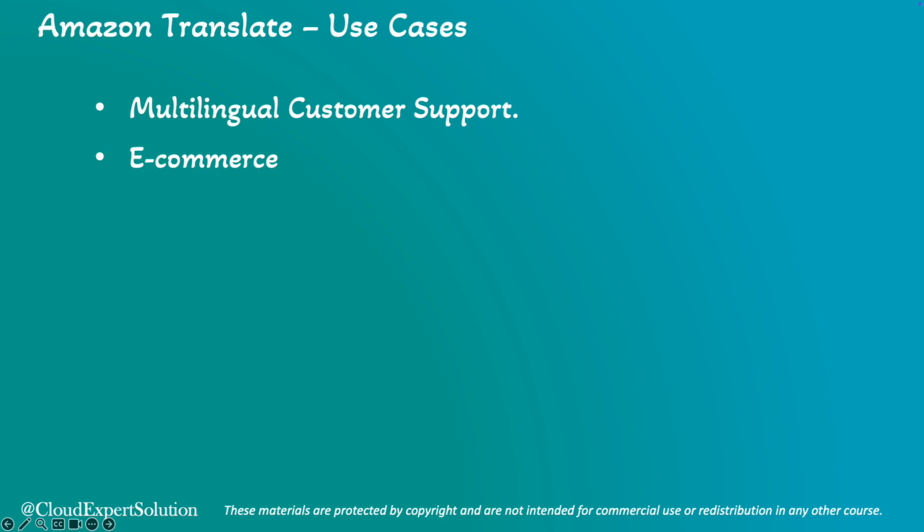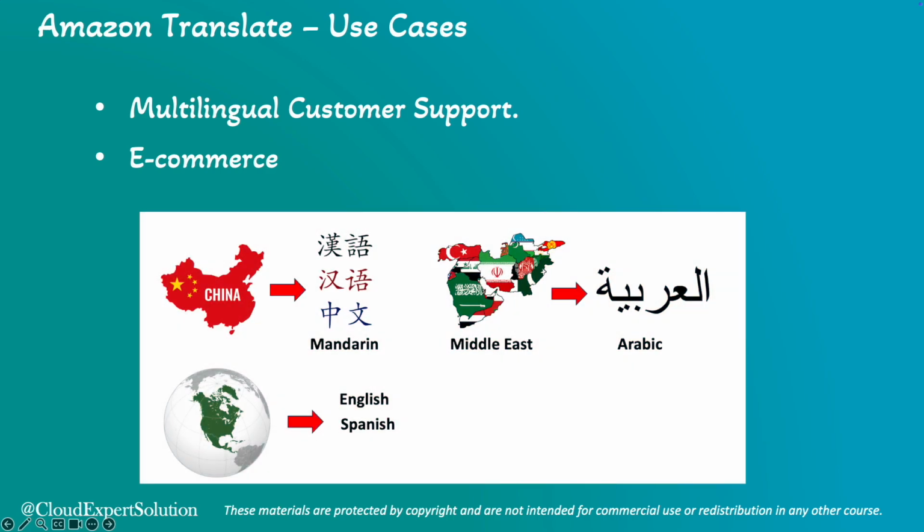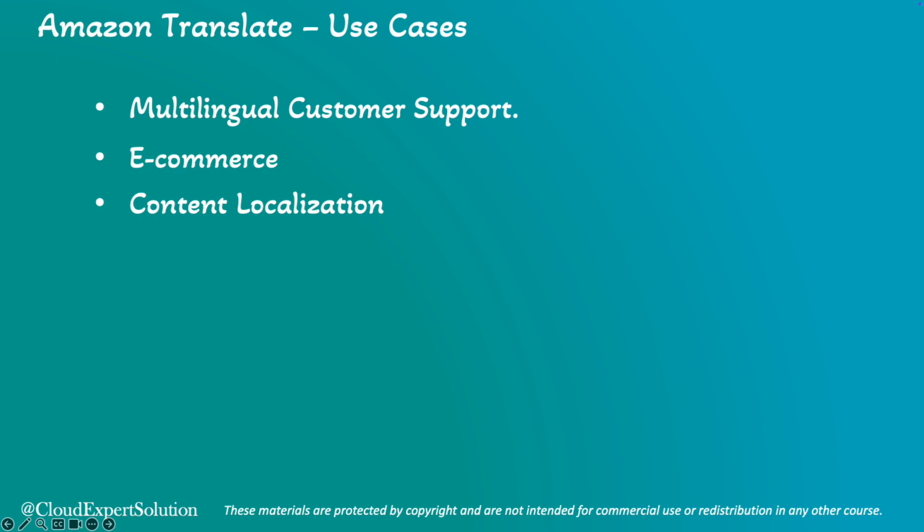The organization can use Amazon Translate to provide product descriptions in local languages to capture audiences speaking native languages like Arabic for the Middle East, Mandarin for the China market, English and Spanish for North America, and so on. It can also localize websites, apps, and marketing material to cater to different languages and regions.